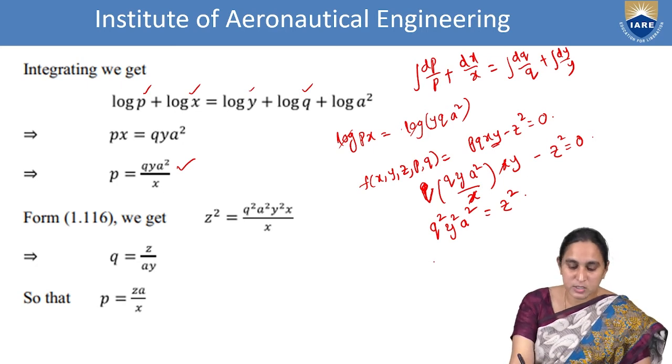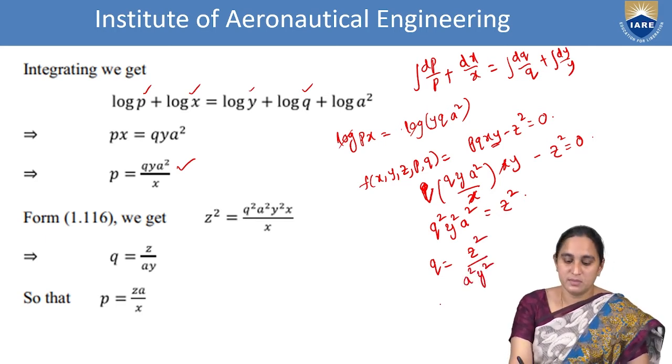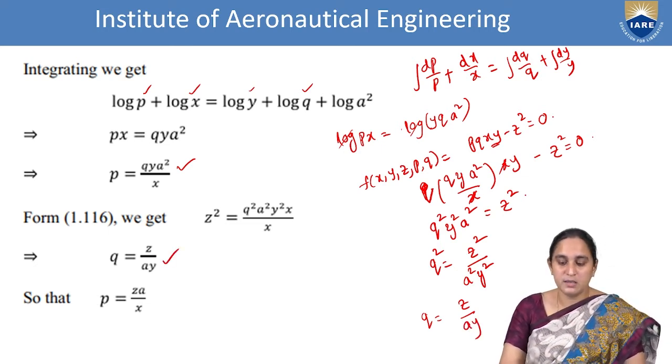From that, what is q? q square is equal to z square by a square y square. From that, what is q? That is z by ay. This is q is equal to z by ay.